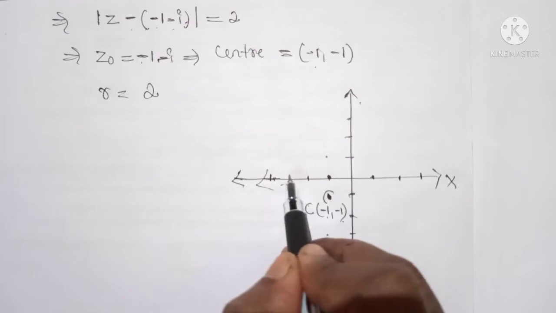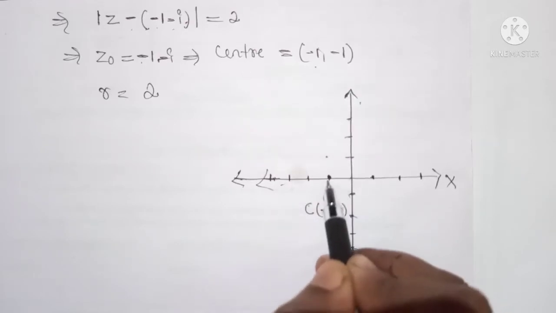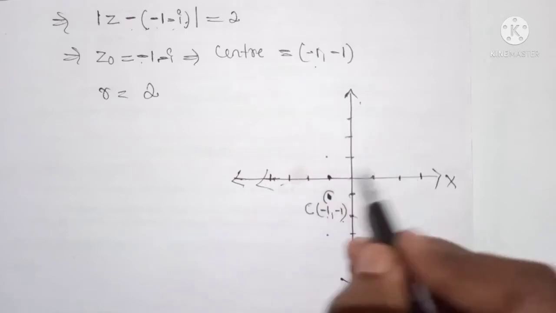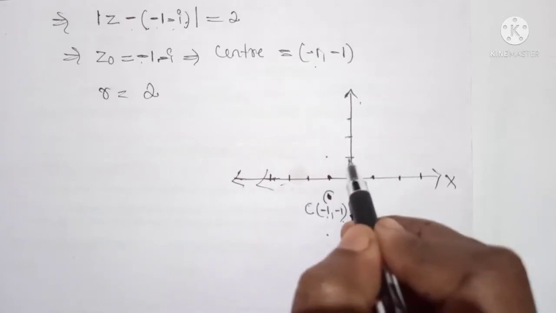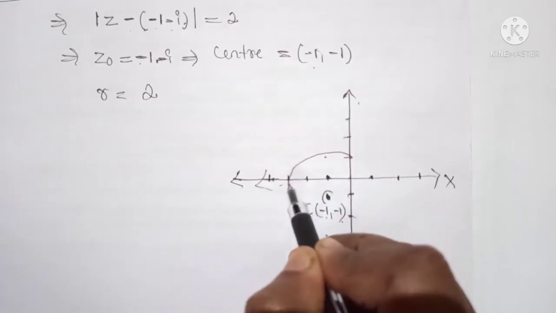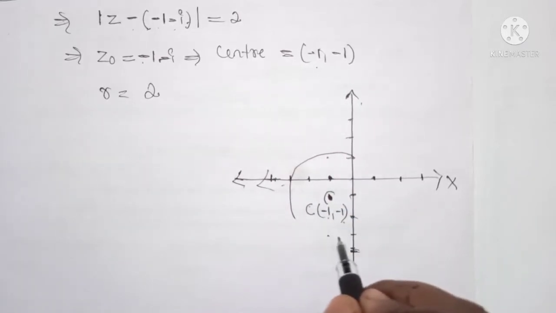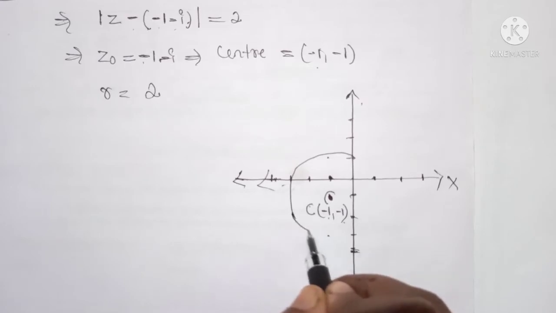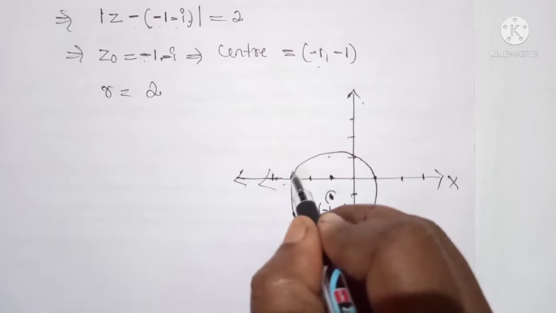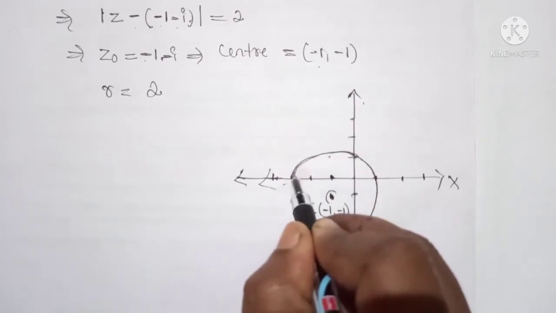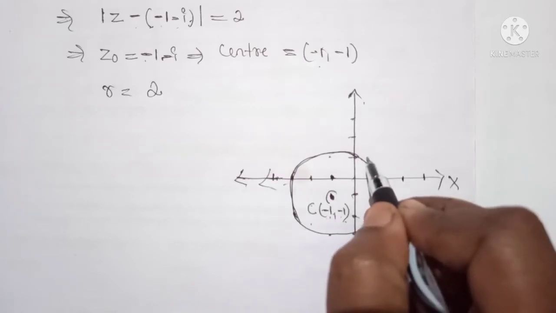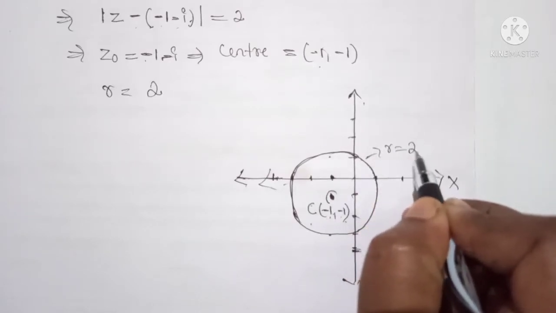So let us roughly draw a circle. Okay, so this is our circle with center minus 1 comma minus 1 and radius r equals 2.